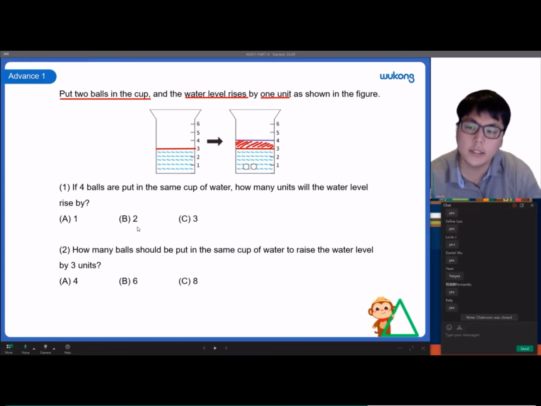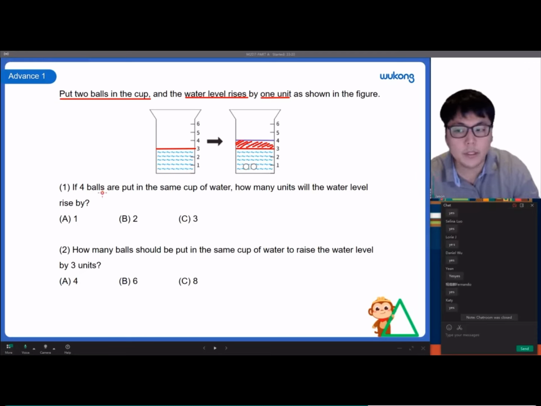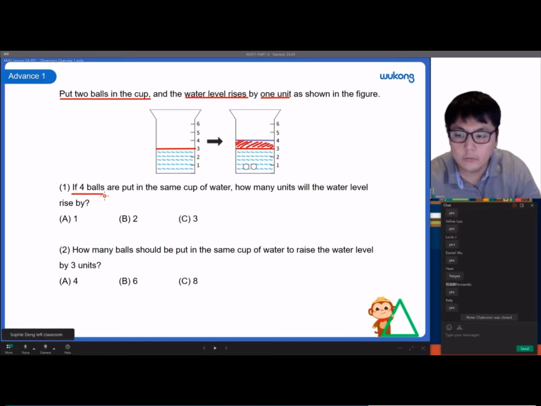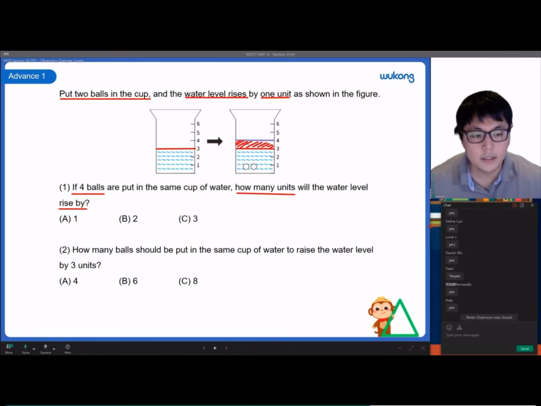So the question is, what will happen, guys, if I put 4 balls? How many units will the water level go up by? All right, so this is the question.